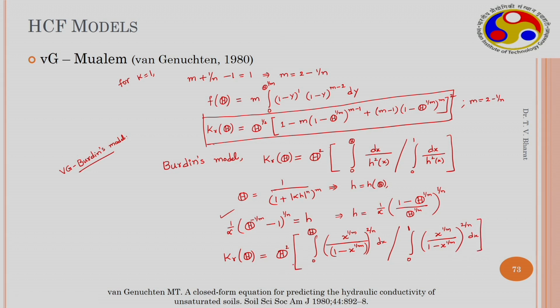So, this is the expression to solve. This can be written as big theta squared times f of theta by f of 1, because the functional form is the same except that the limits are different. So, this is written in this manner.